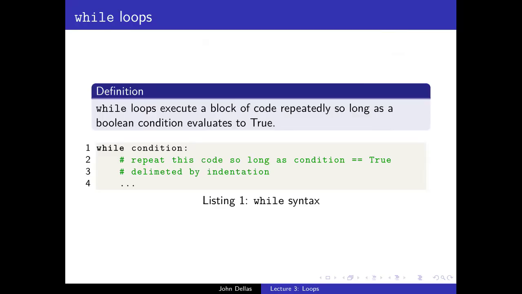Where it differentiates from an if statement is that so long as that Boolean condition is true, we're going to execute whatever code is here. And when we reach the bottom of this indented code, our program will jump back to the first line and do that again, and keep doing that so long as this condition evaluates to true. Let's see an example of this.